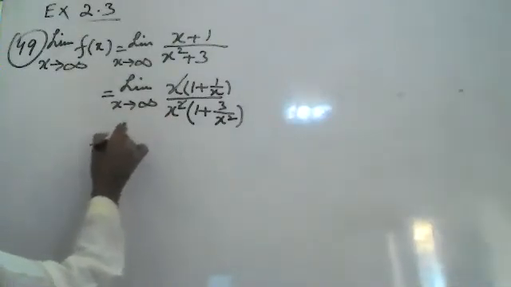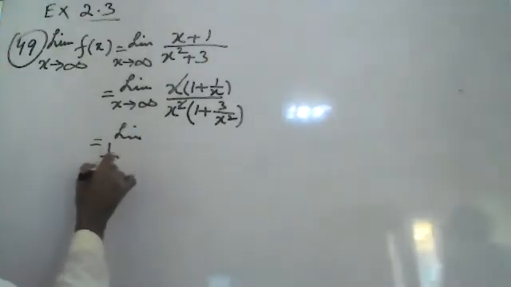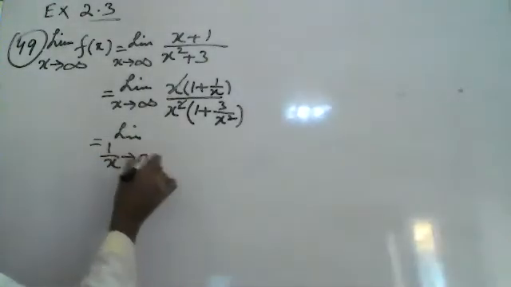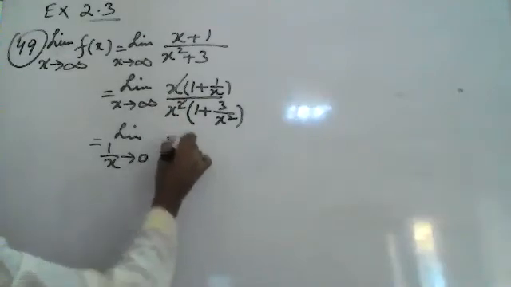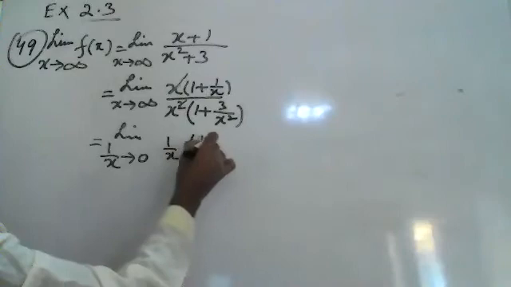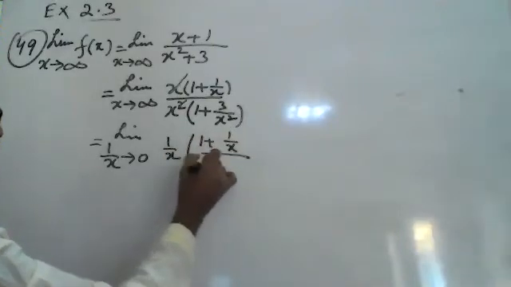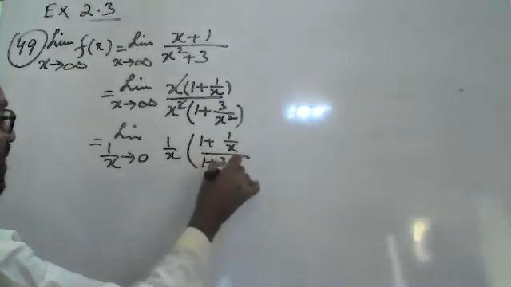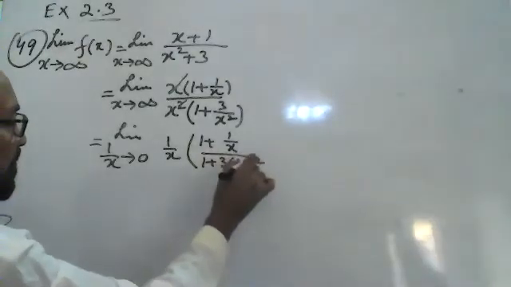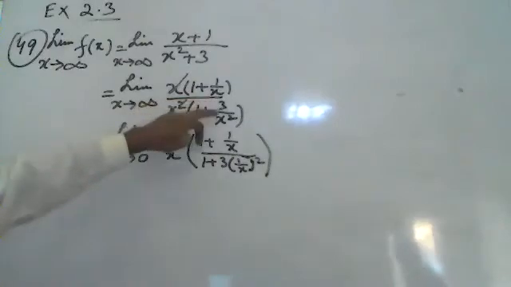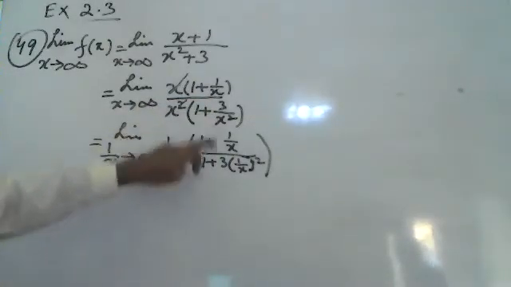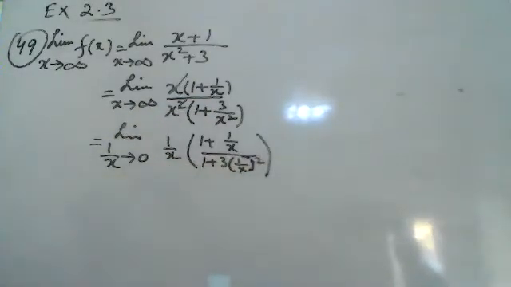So now limit 1 over x tends to 0. It will become 1 over x into (1 plus 1 over x) upon (1 plus 3 into 1 over x square). 3 into 1 over x square means 3 into 1 over x whole square.